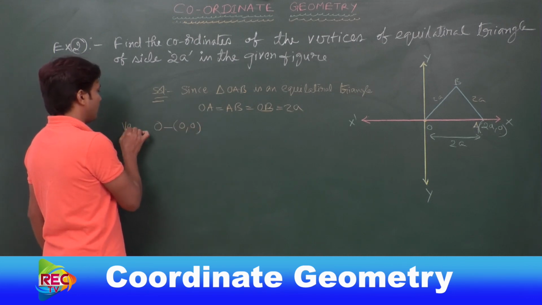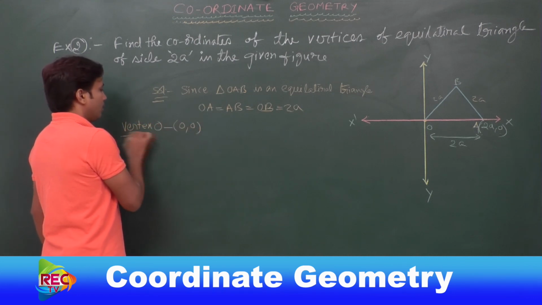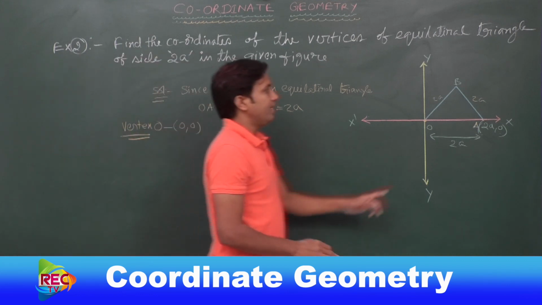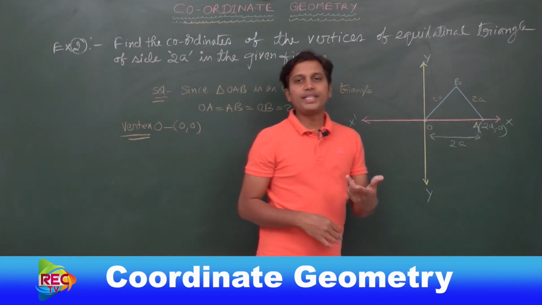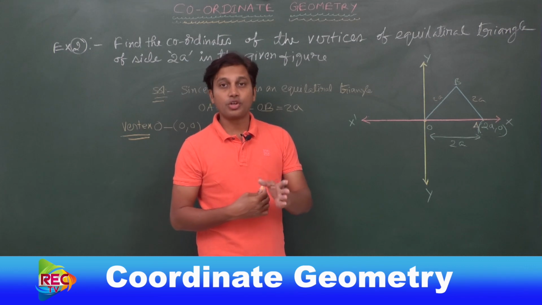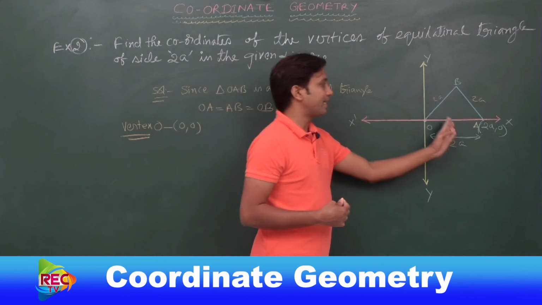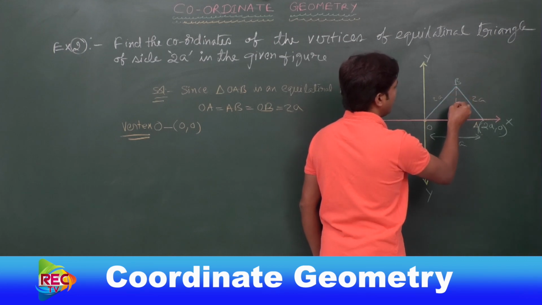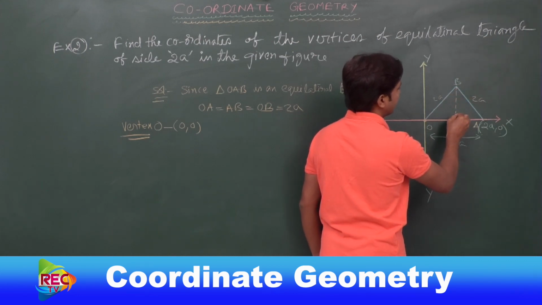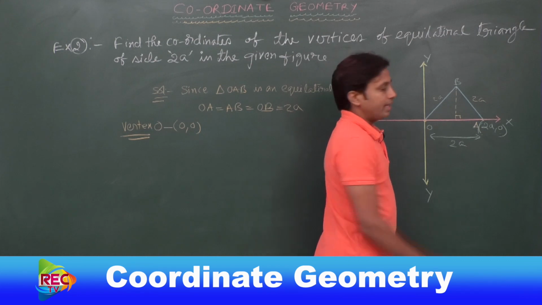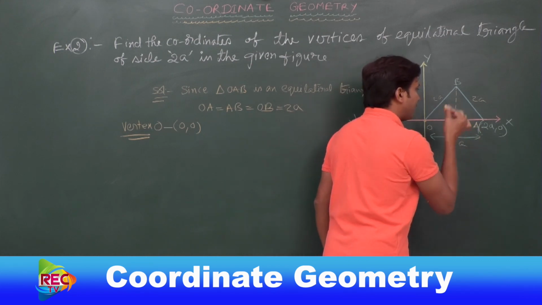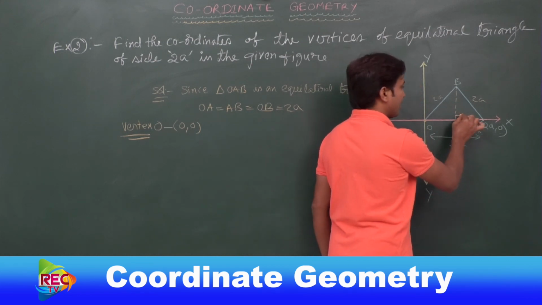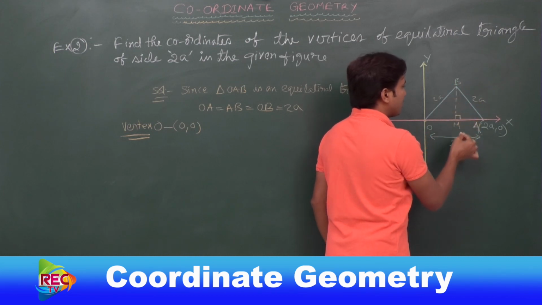Now we only need to find vertex B. How to find it? For that we need to draw the perpendicular from B to the x-axis. Just see, I am plotting a perpendicular from B to the x-axis like this. Let the foot of the perpendicular be M.